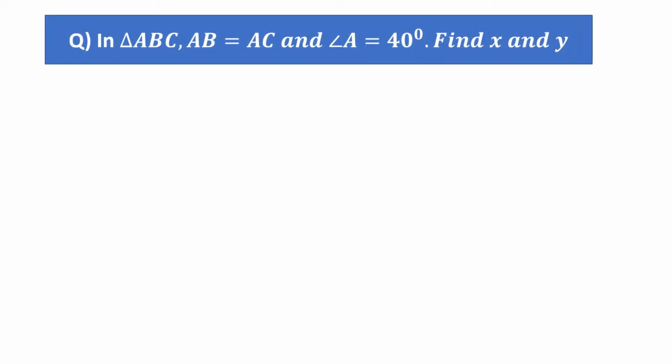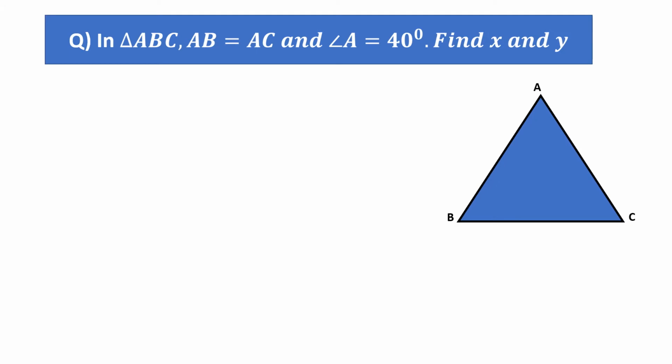You are being given a triangle ABC whose sides AB is equal to AC and angle A is equal to 40 degrees. He is asking us to find the value of x and y. The figure according to the question is a triangle ABC whose two sides AB and AC are equal and angle A value is given as 40 degrees.